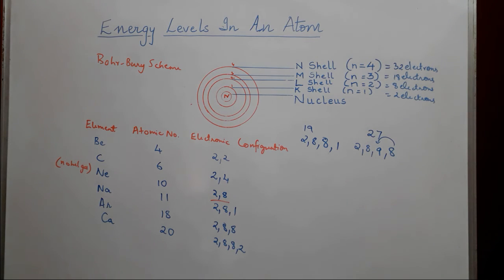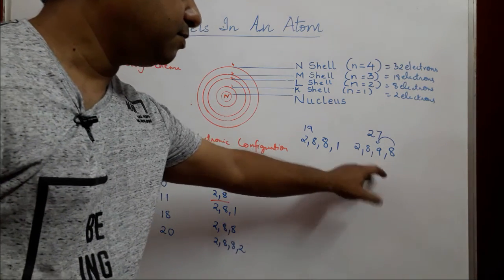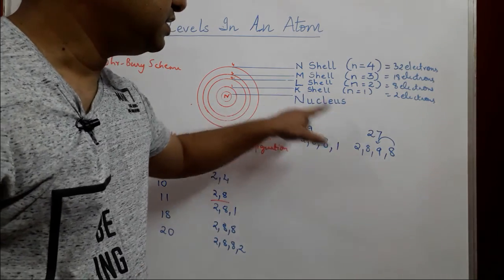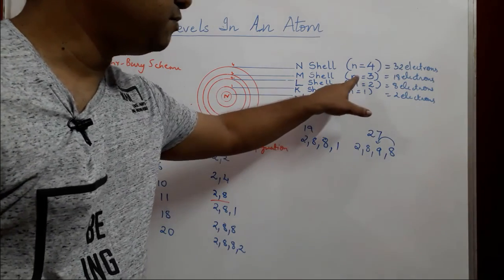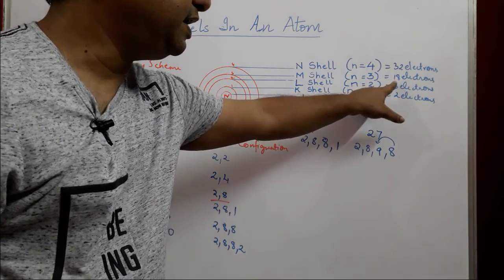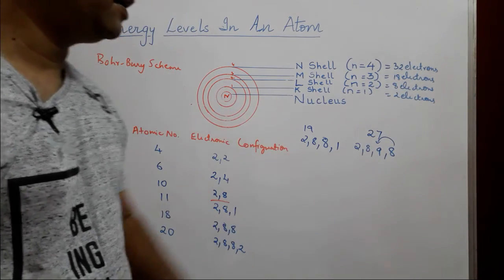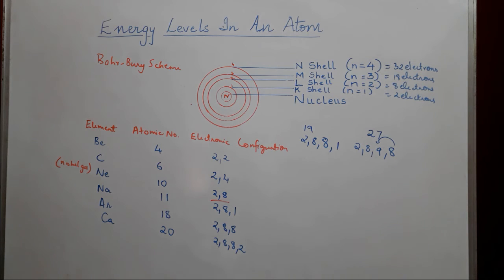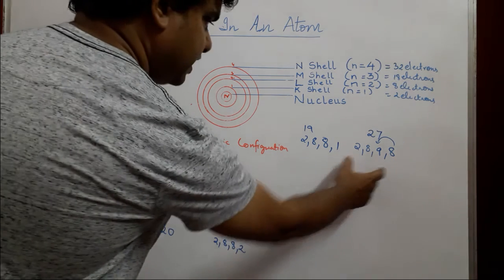Got it? This becomes 9, because remember, this is the M shell, and the M shell has capacity for accommodating 18 electrons. So having 9 electrons shouldn't be a problem. Got it? So in this case, there is an exception.